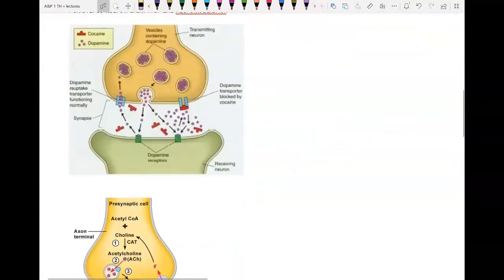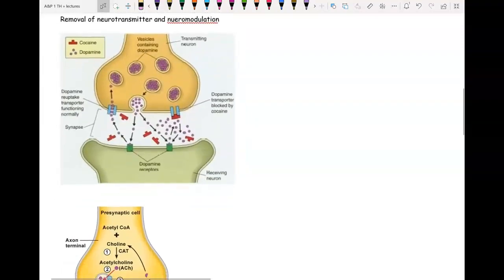Now we have to look at what happens after the signal has been transmitted. You can't just leave that neurotransmitter in the cleft. After the signal is transmitted, you have to clean up the neurotransmitter from the cleft.